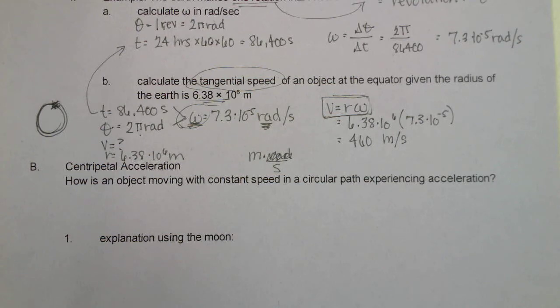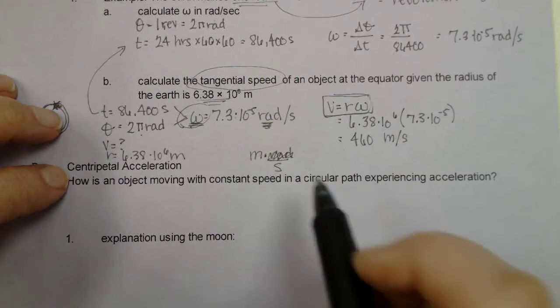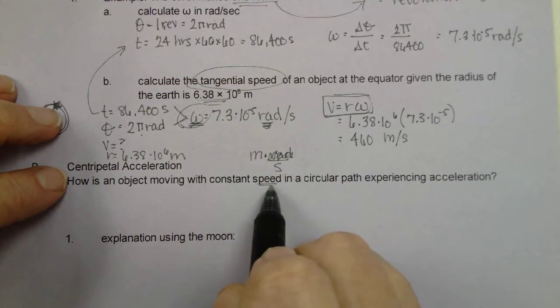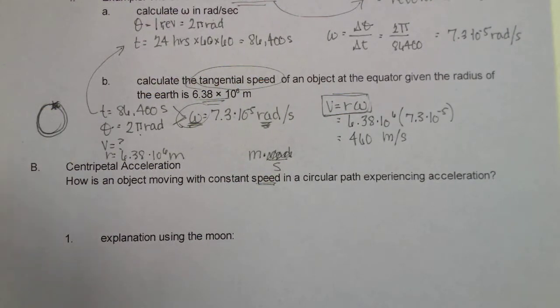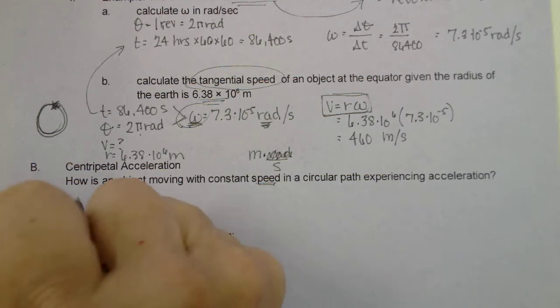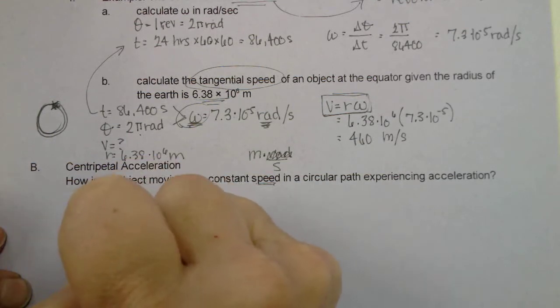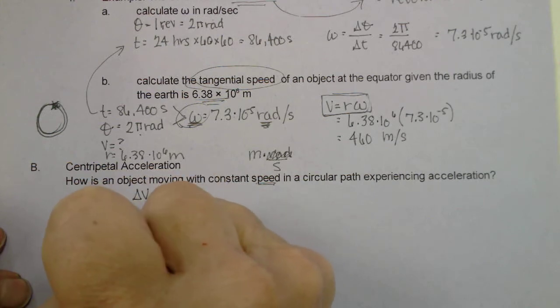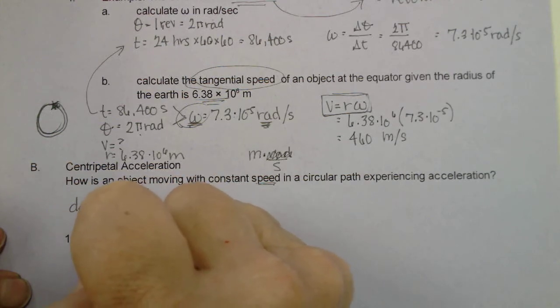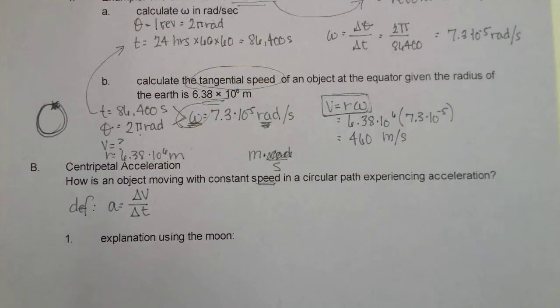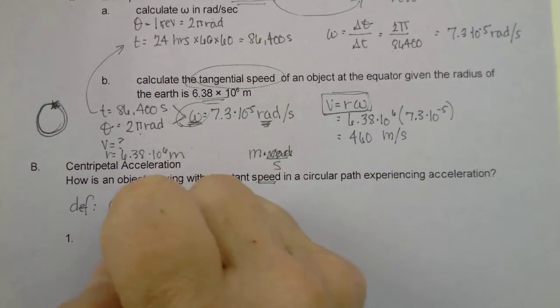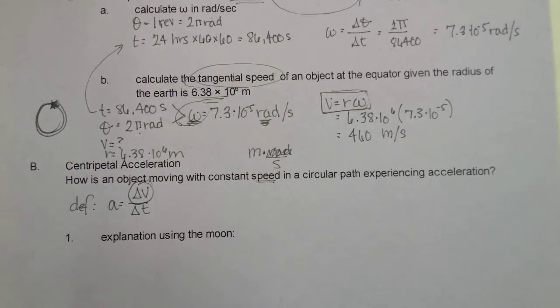Okay, hopefully you were able to come up with some ideas with this. The key here is that we're talking about constant speed. But acceleration, by definition, is the change in velocity all over the change in time, or the rate of changing velocity. Changing velocity means I have to change any piece of velocity. Velocity is a vector.